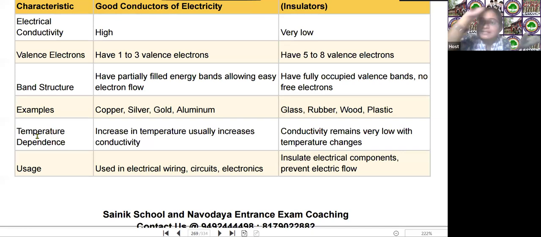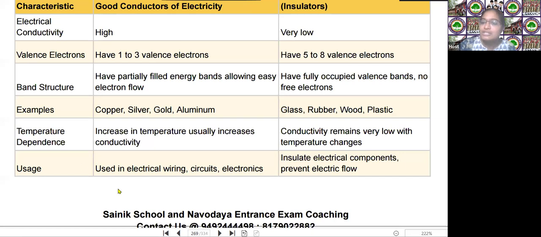If you increase the temperature, the conductor has higher conductivity. Do you understand? This is the proportional relation. If you decrease the temperature, the conductor has lower conductivity. So this is the proportional relation between temperature and conductors.